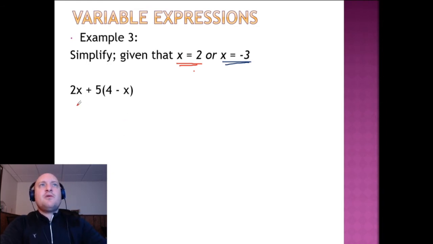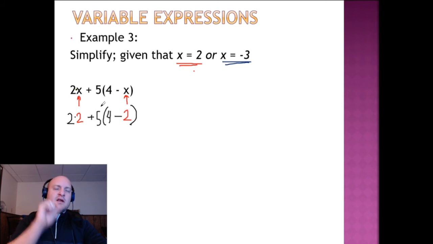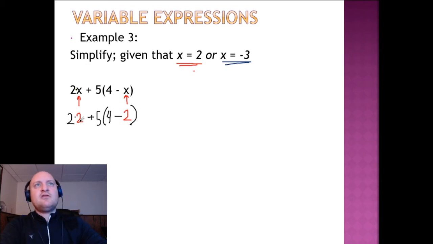If we put 2 into this problem, we'll be putting it in for both x values. And it's really important that I mention here that there's no operation shown between 2 and x. However, it is most definitely multiplication. Whenever you have a number, a constant, a value in front of a variable, and they're right next to each other, that's multiplying. So we got 2 times 2 plus 5, parentheses, 4 minus 2.